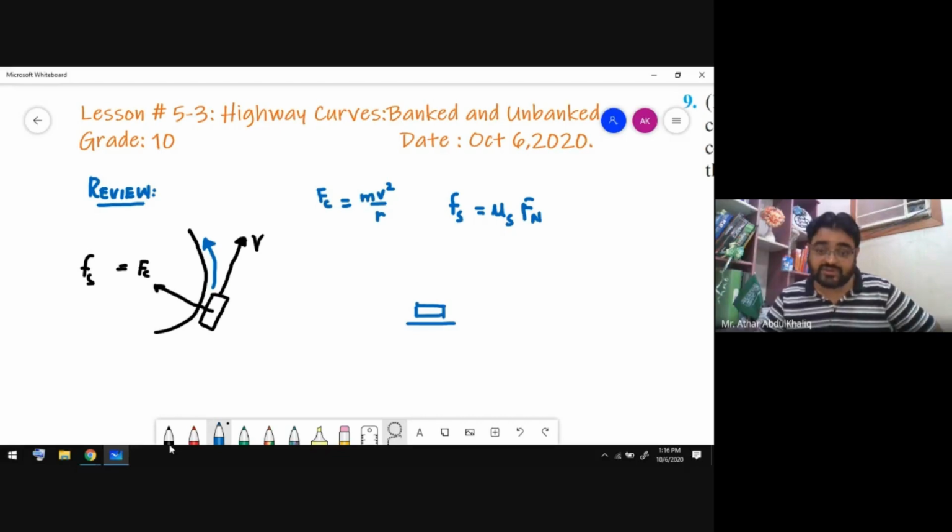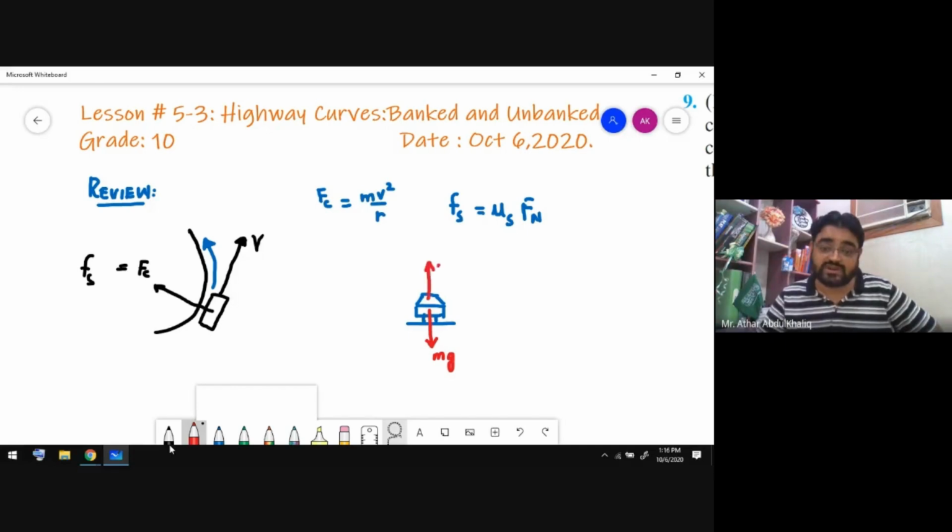Let's say this is the car, and the car is moving on a flat road. So on a flat road, its Fn will be equal to mg, because the weight mg is always acting in the downward direction, and the normal reaction, according to Newton's third law, action and reaction are equal and opposite.